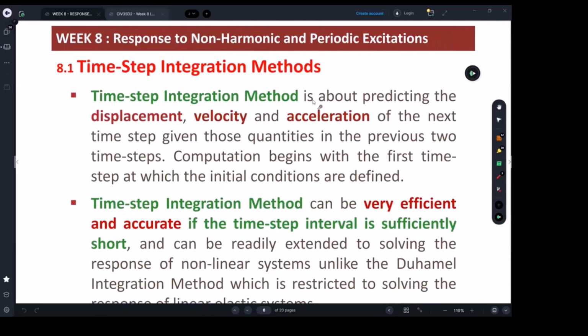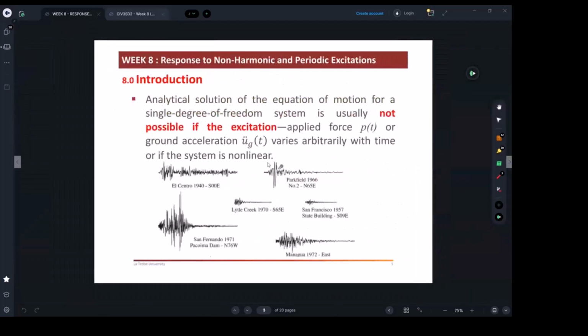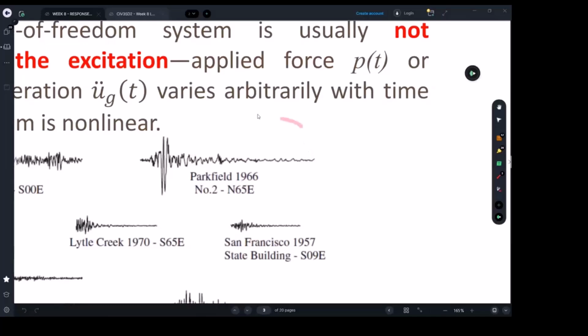Now I'm coming back to the time step integration method, which we will be applying. It is about predicting these properties. As I said to you, the displacement, the velocity, and the acceleration, not of the ground, but of the structure. So remember, someone will say, this is the ground excitation. That's how the ground was moving. That's the ground.